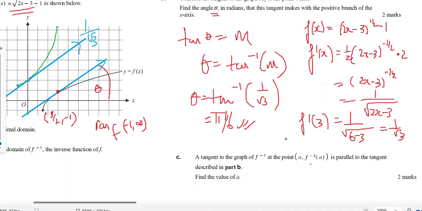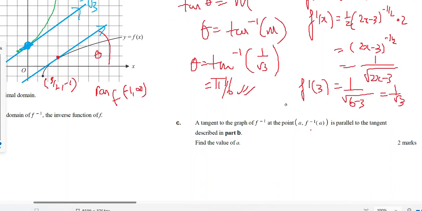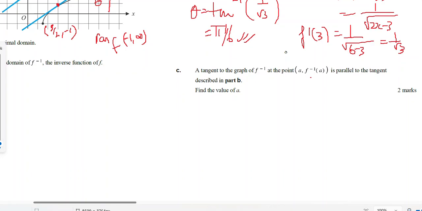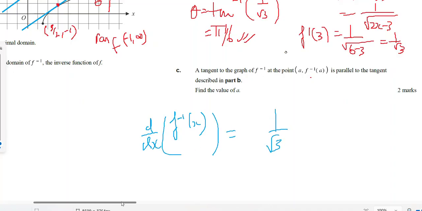So I'd like to find where on the inverse the gradient is equal to 1 on root 3. So the derivative of the inverse, d/dx, I'd like to set that equal to 1 on root 3.